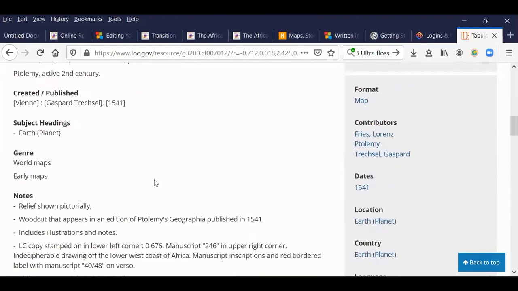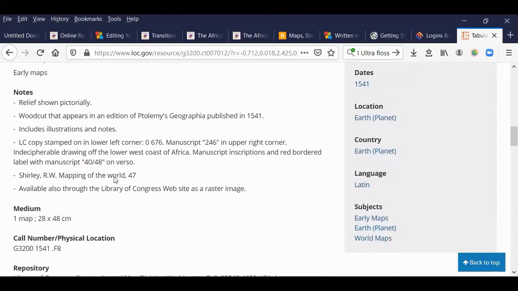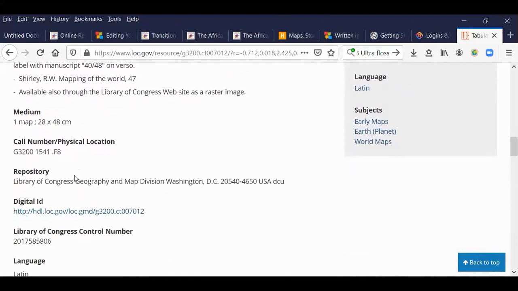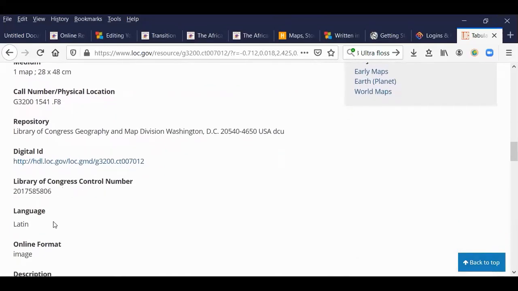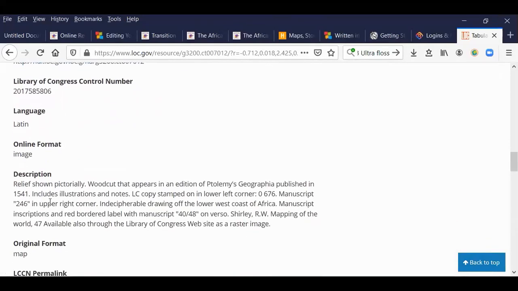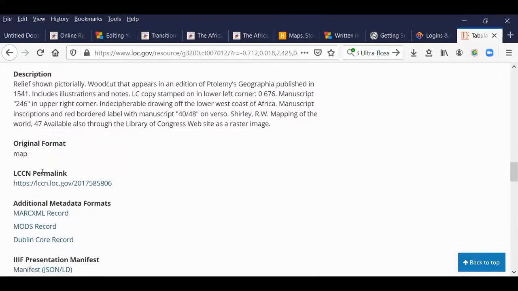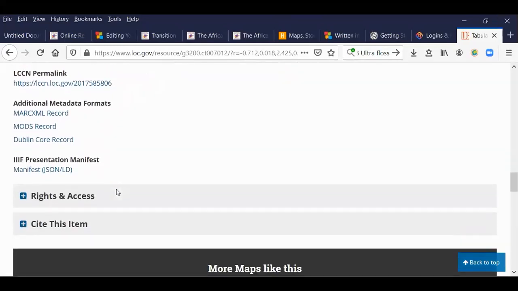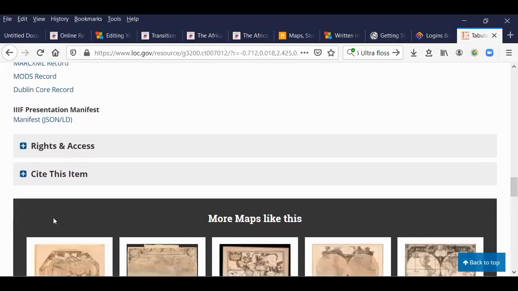And one of the things that they're very good at is giving you a great deal of metadata about each one of these things, including a permanent digital ID, as well as the Library of Congress call number, giving you a brief description.